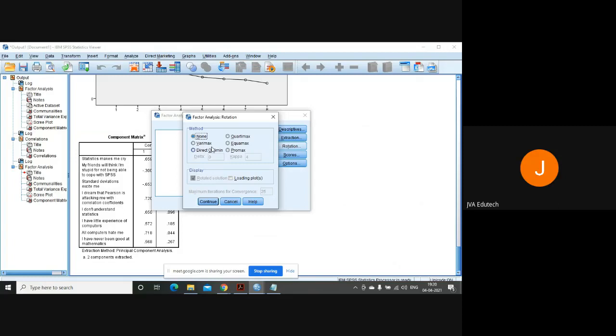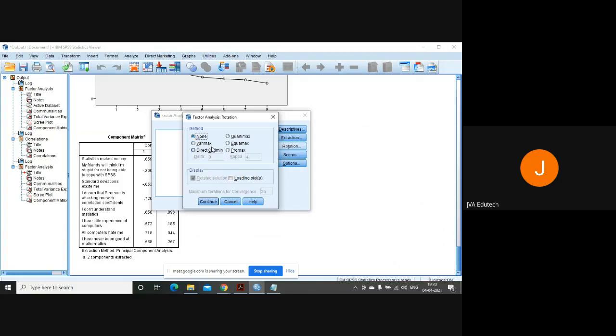See, for better interpretability, just keep in mind factor analysis. Don't divide it into principal component or exploratory factor analysis. We do it in 2 steps. First one is factor extraction. Second one is factor rotation.